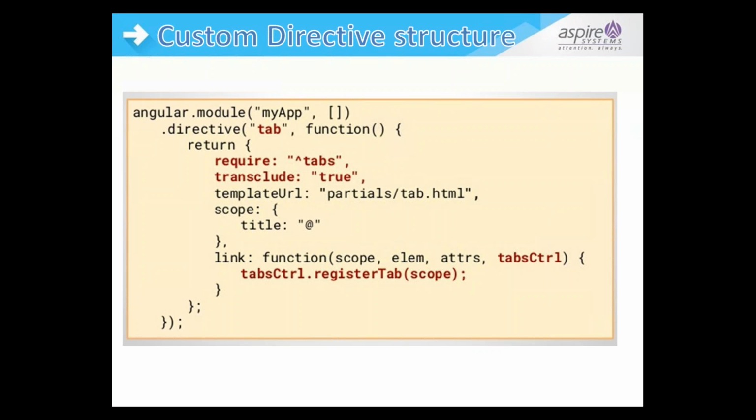Assume we have a page with a requirement where I have to create tabs and also its child tabs. I have a plus button here which adds a new tab. If I click plus, it will add tab 13. So it is dynamic creation of DOM elements.